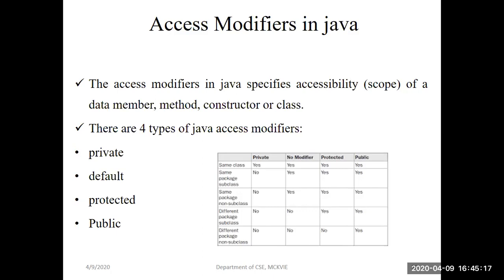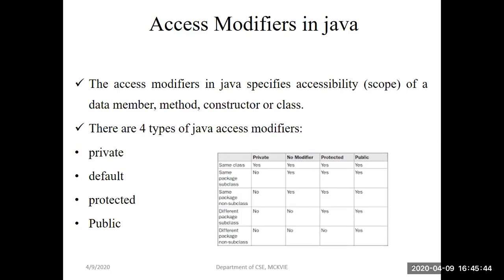So these are the probable scenarios when we are going to use access specifiers on different member variables or methods. The question may arise: from where to where can we access those member variables and methods?